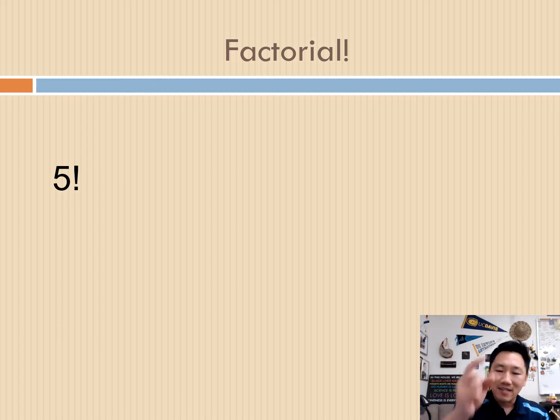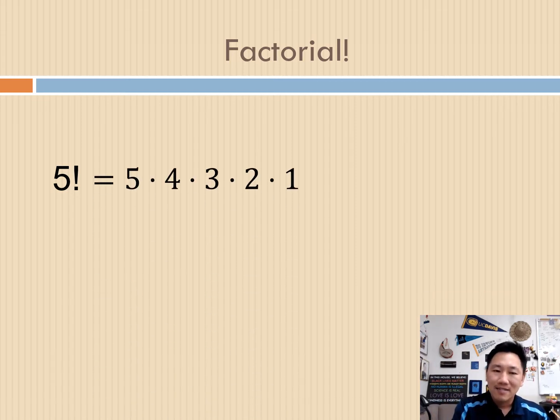What the exclamation mark does is it means you take 5 and then times 4, then times 3, times 2, and then of course if you just times 1, it's the same thing. But you don't go past 1, you don't go to 0, because obviously if you go times 0, everything goes away. And so that's how you do factorial. 5 factorial is the same thing as 120.